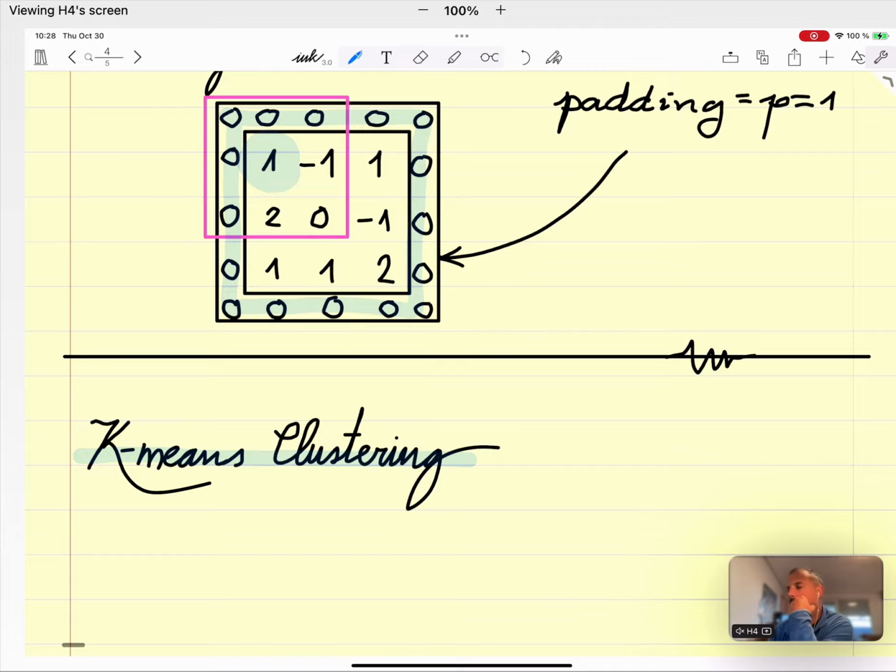This clustering algorithm is the easiest clustering algorithm.